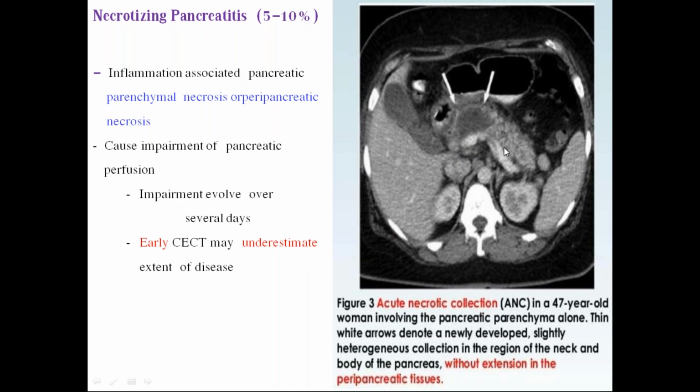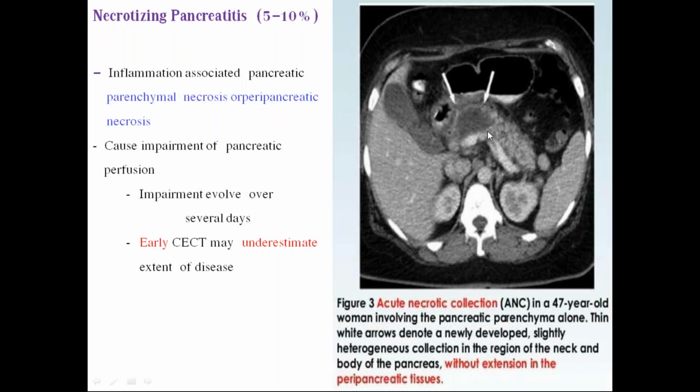This is a case of a 47-year-old woman presenting with necrotizing pancreatitis. This arrow clearly shows a newly developed heterogeneous collection in the pancreas. This heterogeneous collection is confined to the pancreas. It does not extend beyond the peripancreatic tissue.